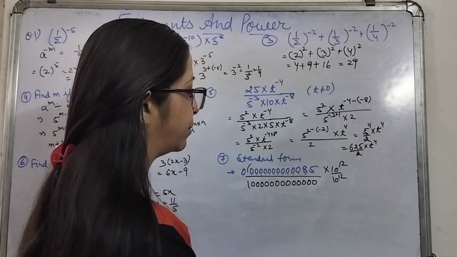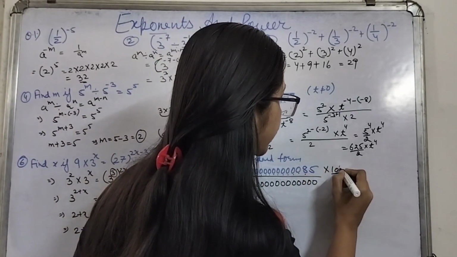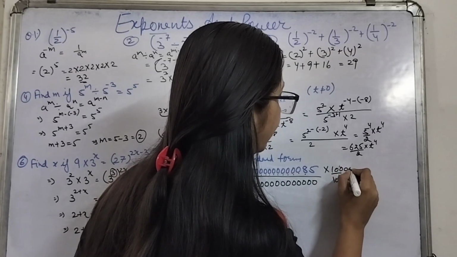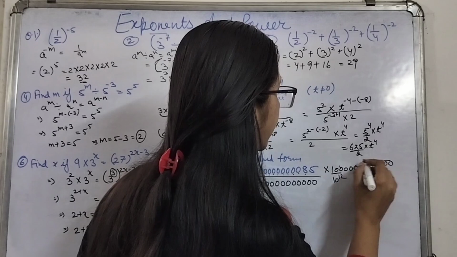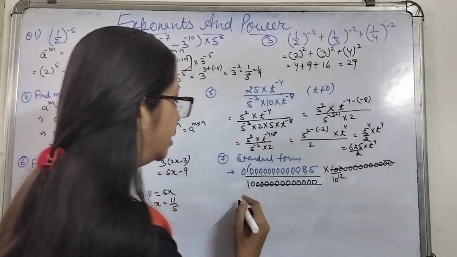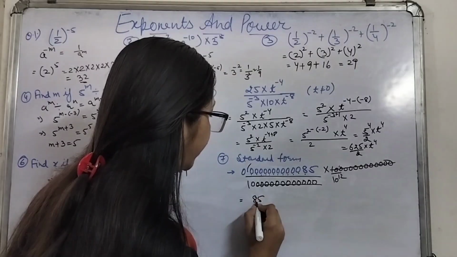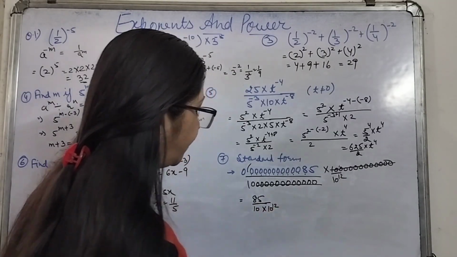We have removed the decimal. Now 10 raised to the power 12 means after 1 there are 12 zeros: 1, 2, 3, 4, 5, 6, 7, 8, 9, 10, 11, 12. So 12 zeros and 12 zeros cancel, only 1 zero will remain. So it will be 85 divided by 10, and here it is 10 raised to the power 12.